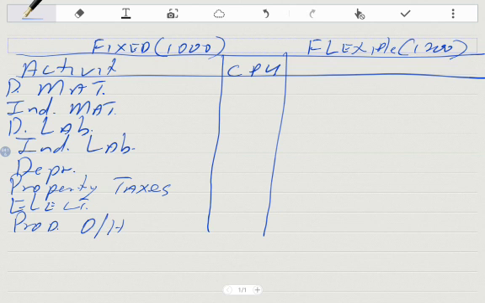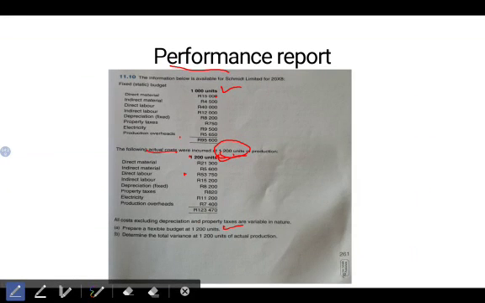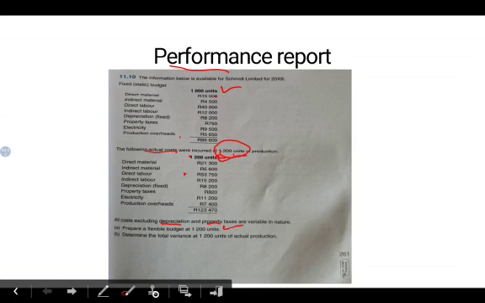We've already been told in the exercise, if you may recall, guys, going back to the exercise, that when we look at the costs that we have, the depreciation and the property taxes are fixed in nature. So before you do your calculation, you can make your life easy by coming to your fixed ones, because you know that these are fixed in nature.